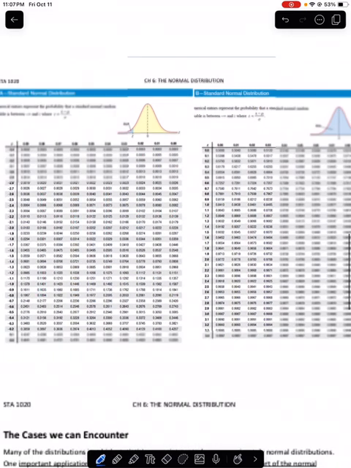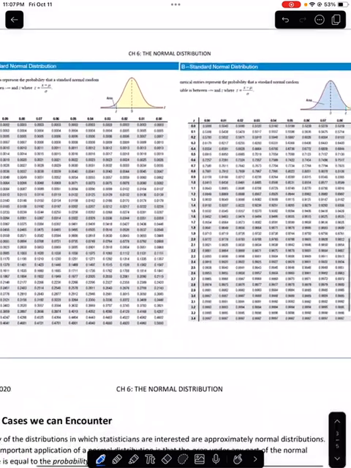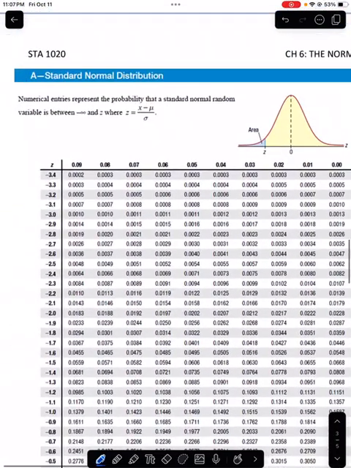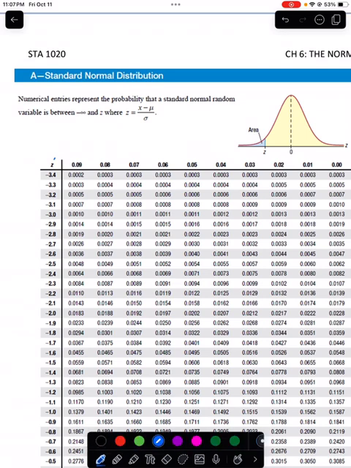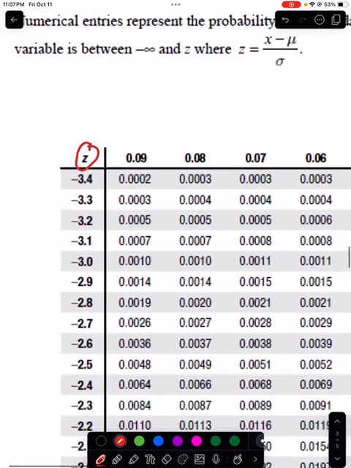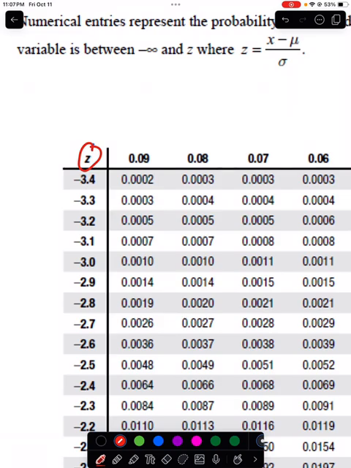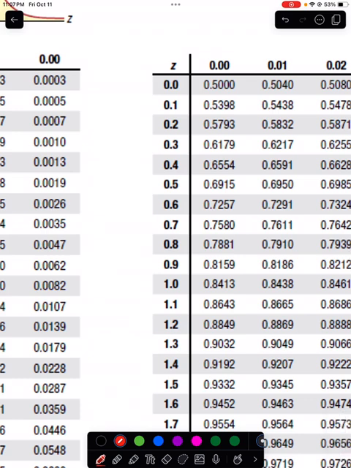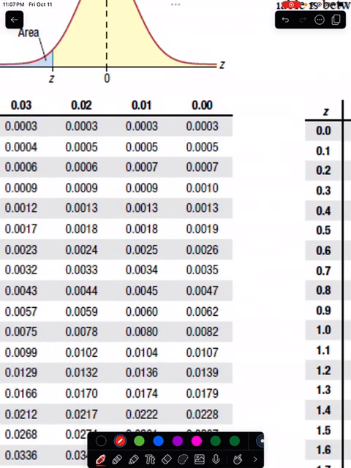Notice here the first column in each is giving us a z score. Here are the negative z scores, and on the other table we have the positive z scores, because remember in the standard normal distribution, if we are to the right of the mean, the z score is positive.